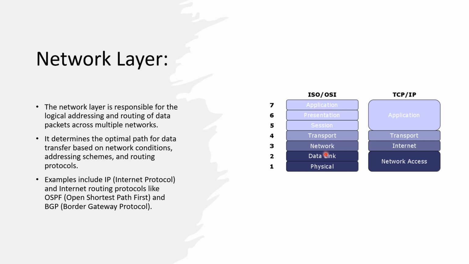So two OSI layers become one network access layer. In OSI network layer, we call as internet layer in TCP. Transport layer, same for both. Session, presentation, application become only one application layer in TCP. You can see in the diagram.